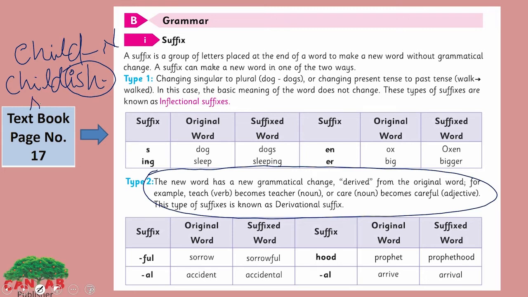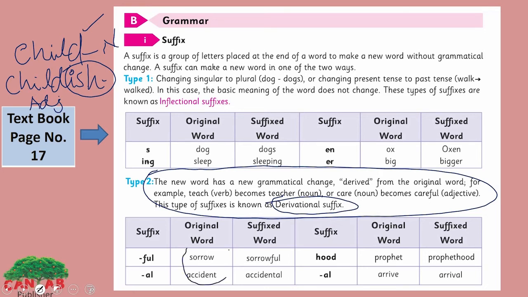It is describing someone that he or she is childish. It is an opinion about a noun. Child is a noun, and if we add ish, the derivational suffix, it becomes an adjective.